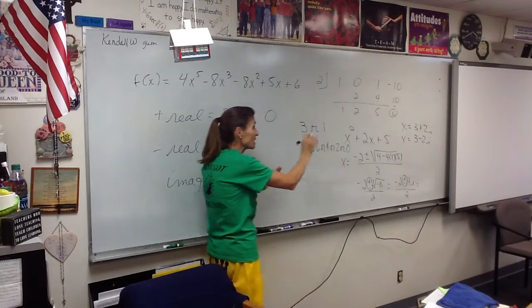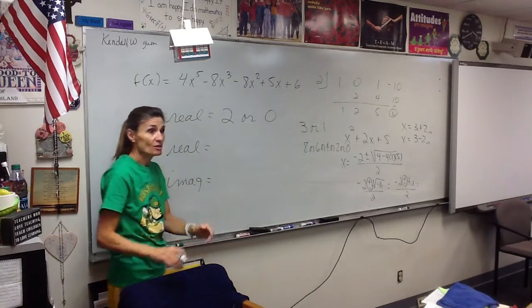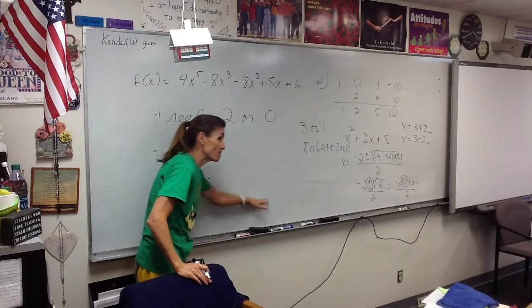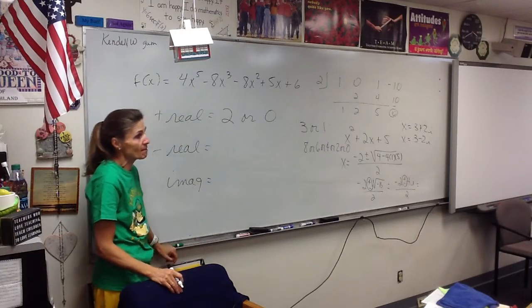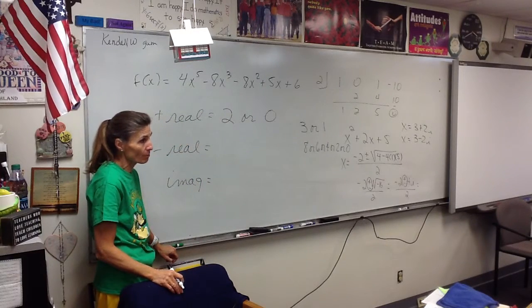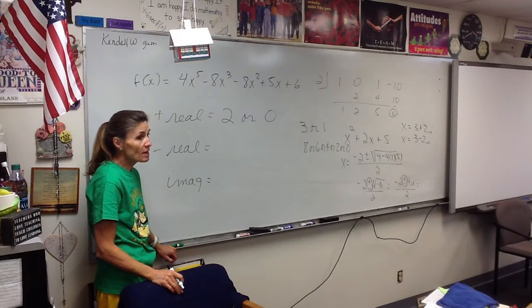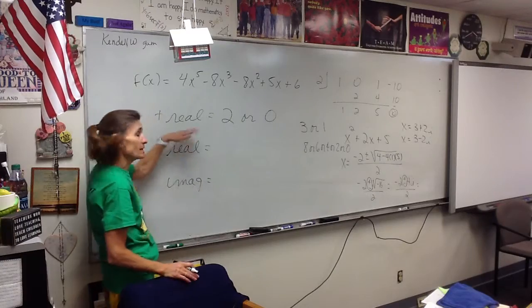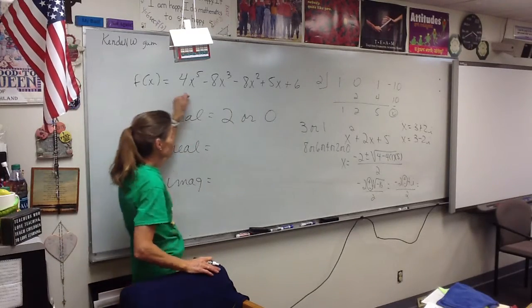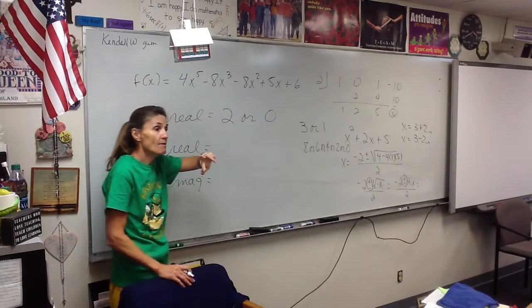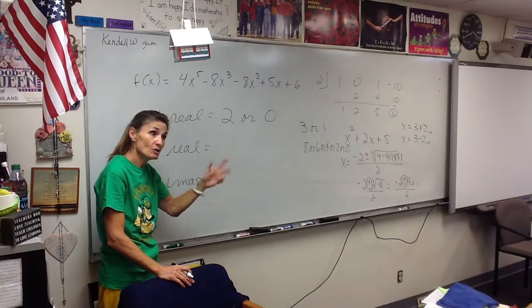You have to keep counting down by 2's to accommodate potentially for all of these imaginaries that are probably going to come out of here. Okay, so to get the number of positive real roots, you count your sign changes and then decrease by 2.